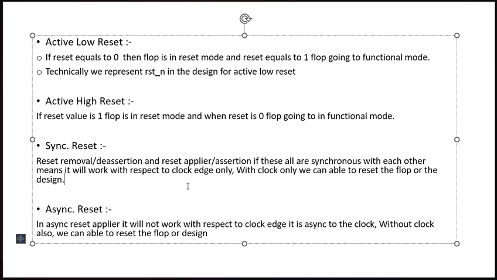But in asynchronous reset, the reset applied does not work with respect to the clock edge, meaning it is not synchronous with the clock edge, it is asynchronous to the clock edge, then it is called asynchronous reset. Without a clock also we can reset the flop or design.